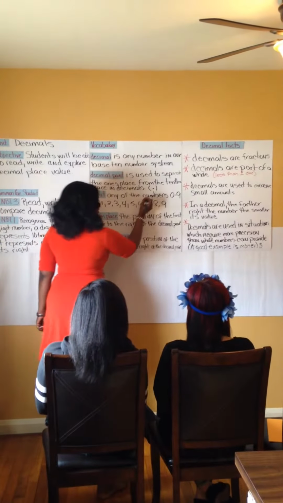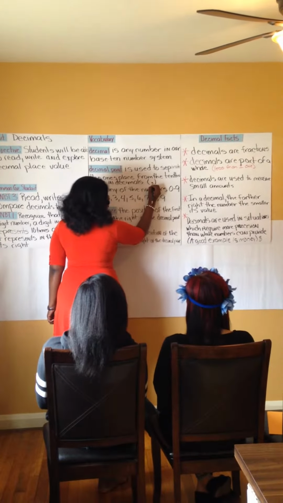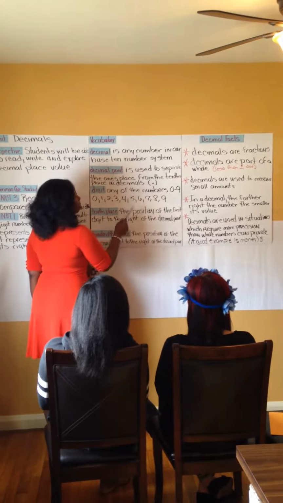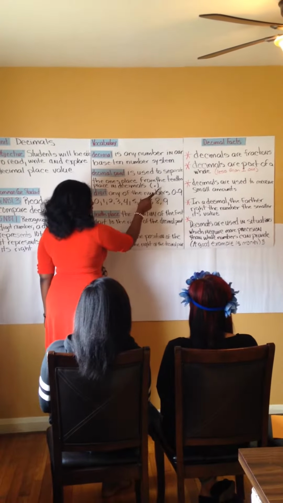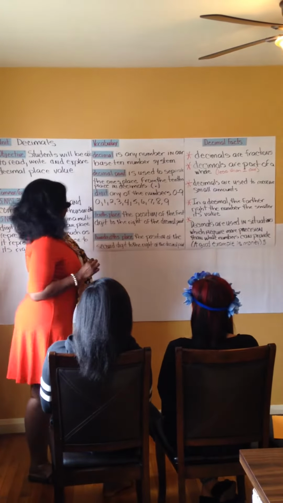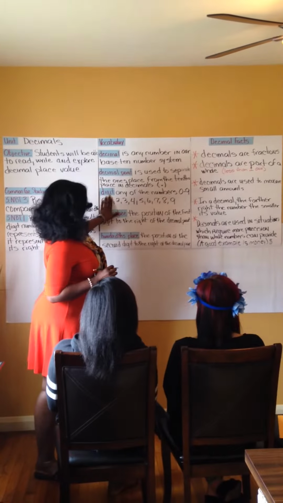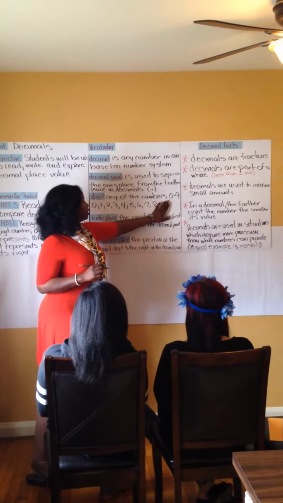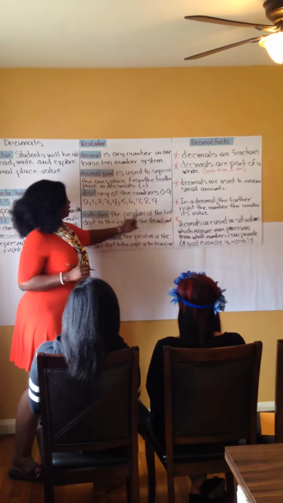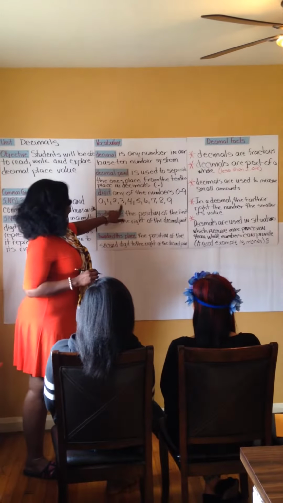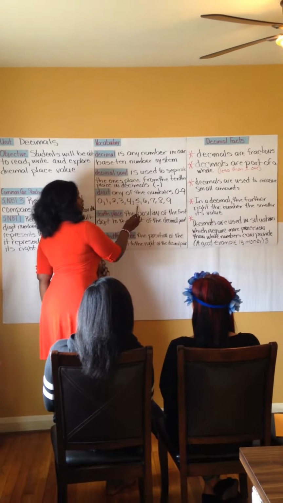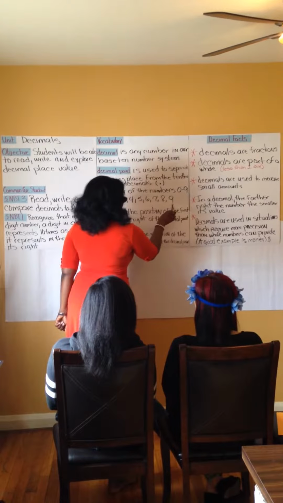Very good. And this is an example of a decimal. It almost looks like a period, but in math, we read that point as a decimal. Digit is any of the numbers 0 through 9: 0, 1, 2, 3, 4, 5, 6, 7, 8, and 9.